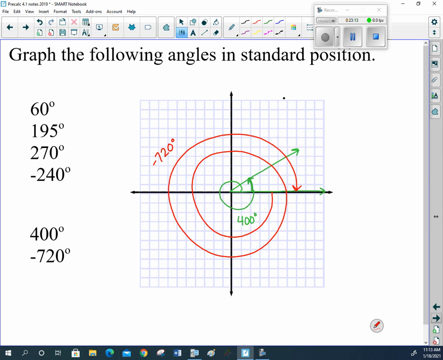So that's two complete rotations all the way around. Started on the positive x-axis and it ended on the positive x-axis. Okay, so that's how we graph in standard position when we're graphing our angles. We're always going to start with the positive x-axis, and we're either going to rotate counterclockwise or clockwise.